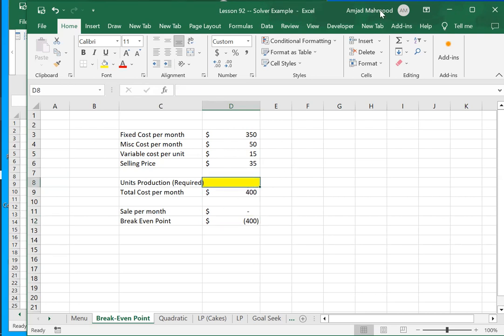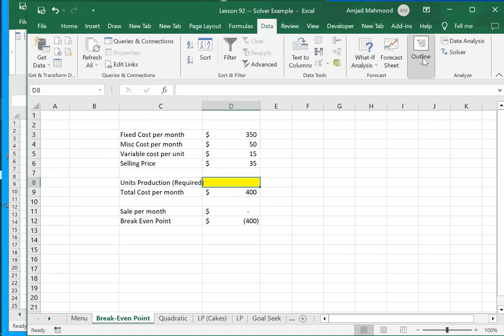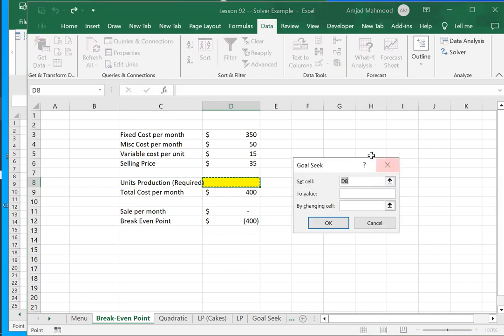So let's go to the Data tab, go to What-If Analysis, and go to Goal Seek. And here we set our objective to the value 0. This should become 0, right? And by changing this production units, it can be production or the stocks or whatever you are going to sell. Okay, let's click OK.